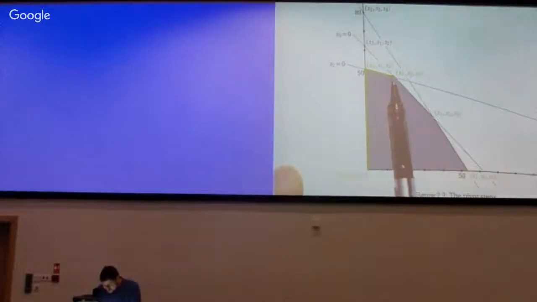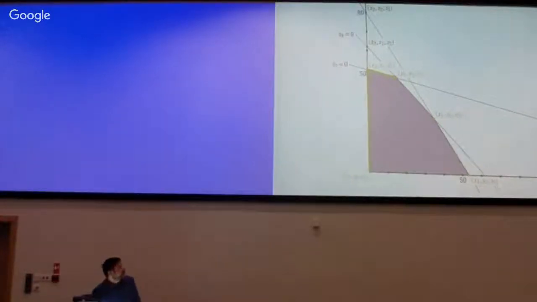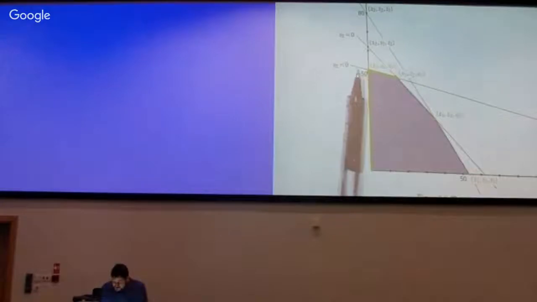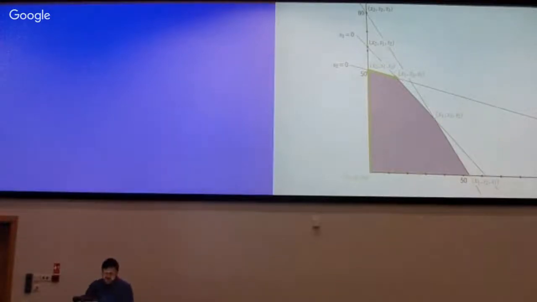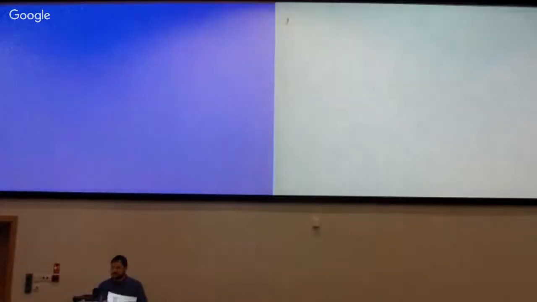And all negative ratios are on the other side. And if everything is negative, that means that we can go along this line and we never encounter another constraint. Okay, that makes sense. I'll draw an example. I should have drawn the example of that.